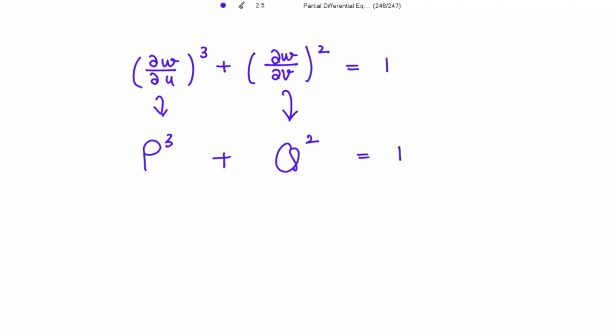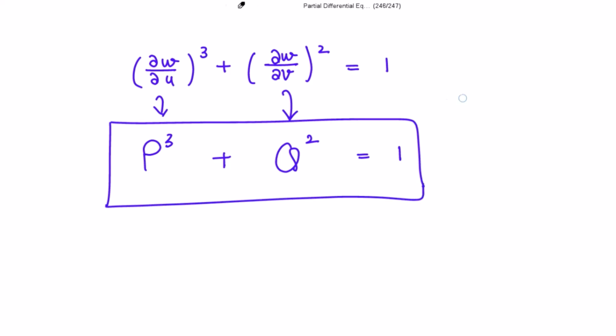Now we have got the equation in P and Q only, right? Our aim is to get the equation in terms of f(p, q), and here we have considered the capital P and capital Q. So our equation is in terms of capital P and capital Q, where capital P is del w by del u and capital Q is del w by del v, right?